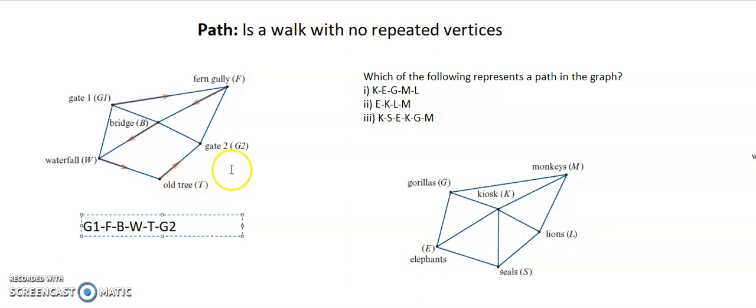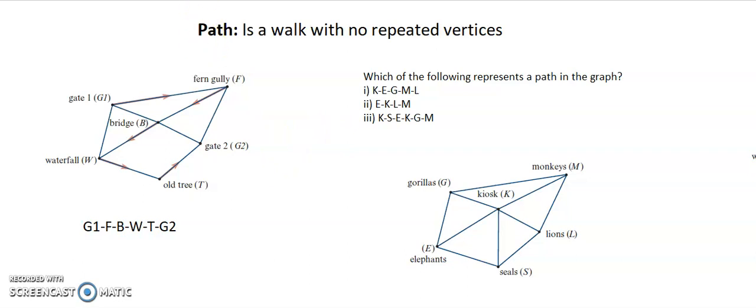So there is no repeated vertices. It's a path through your maze, through your shape. Now, one thing I would like you to think about here, if we don't have any vertices that are the same, it also means that you can't have any edges that are the same.